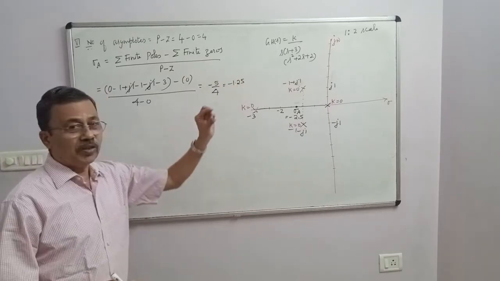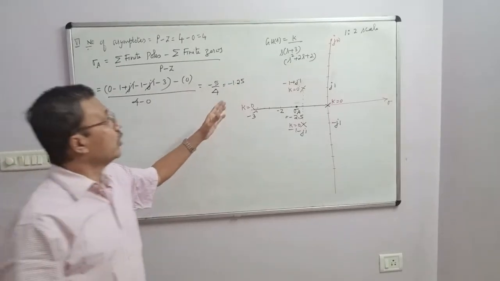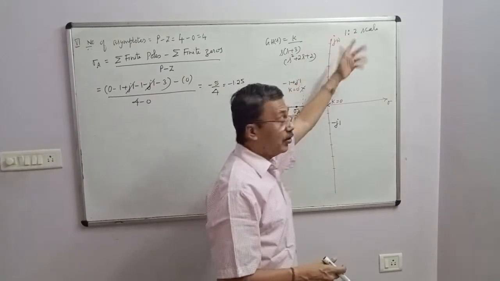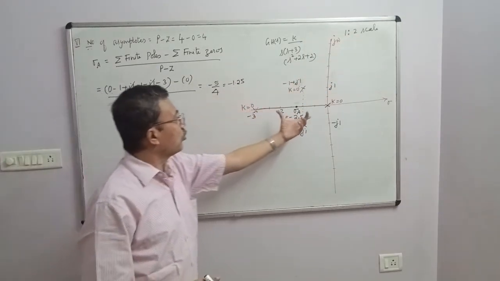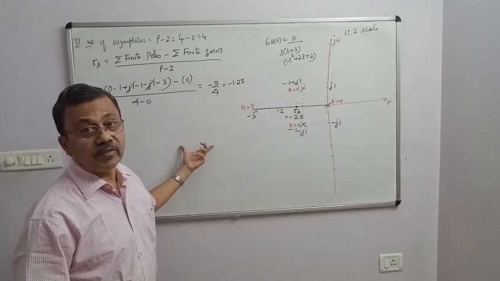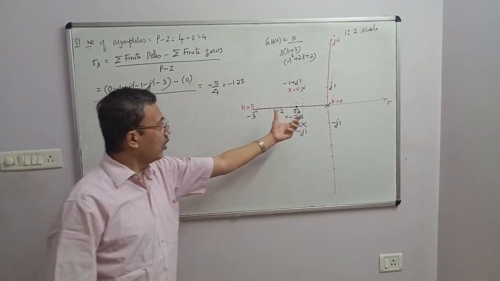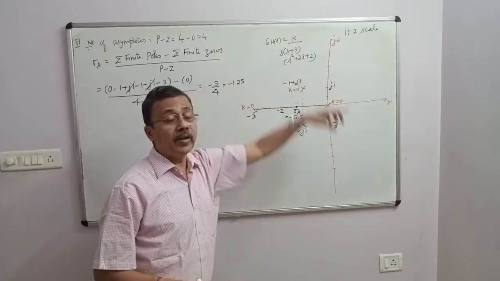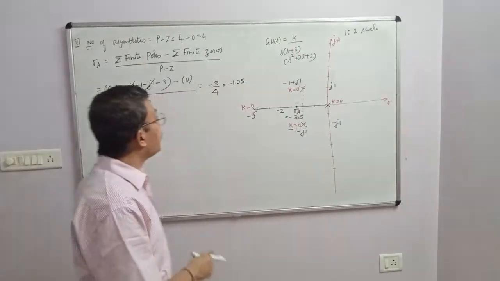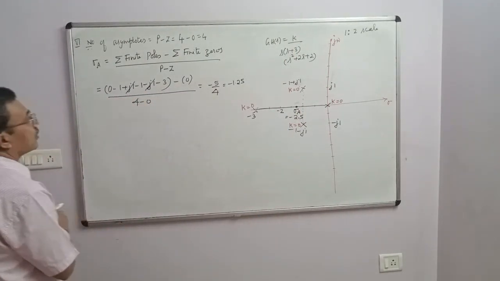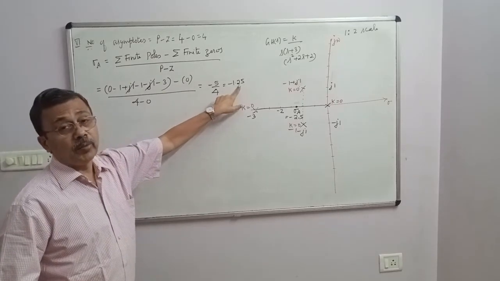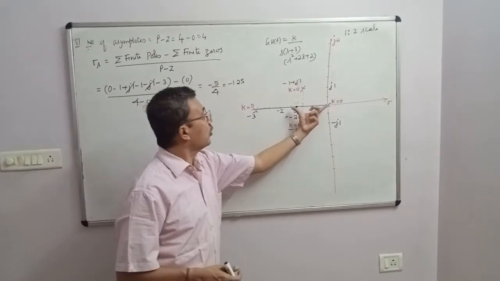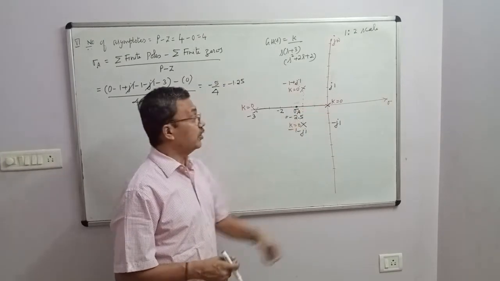If you take a 1:1 scale, the figure will be very small. If you want, you can take a 1:3 scale also; in that case, you have to multiply 1.25 by 3. Every division on the real axis as well as the imaginary axis is 1 centimeter. So 1.25 multiplied by 2 gives 2.5 centimeters. Therefore, this represents 2.5 divisions.